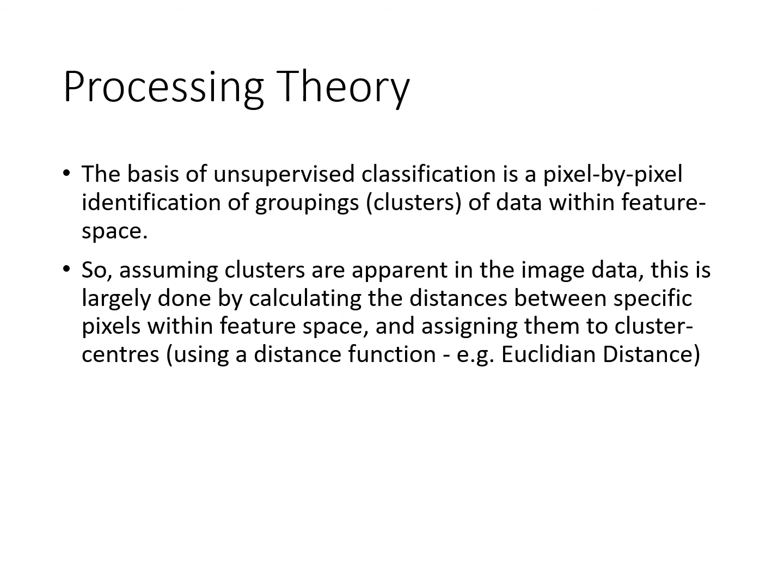And they're just going to go pixel by pixel and identify clusters or groupings of data within what we'll refer to as feature space. So assuming there are clusters apparent in the image data, this is done by calculating the distances between specific pixels within this feature space and assigning them to cluster centers.